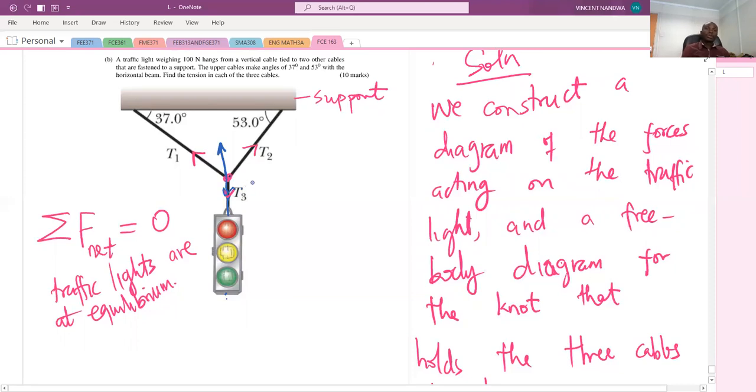So if we draw a parallel line to this support here, then you see the support and this line I've drawn here are parallel. So if this angle is 37, then this angle will also be 37. And if this angle is 53, then this is also 53 degrees. Let me call this angle alpha.